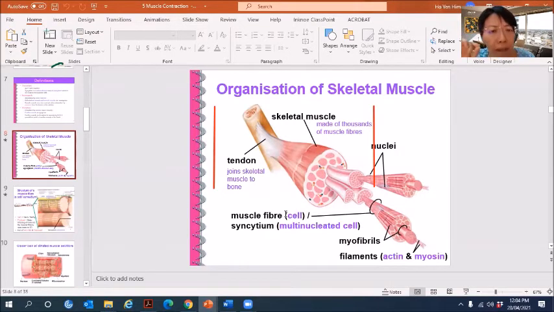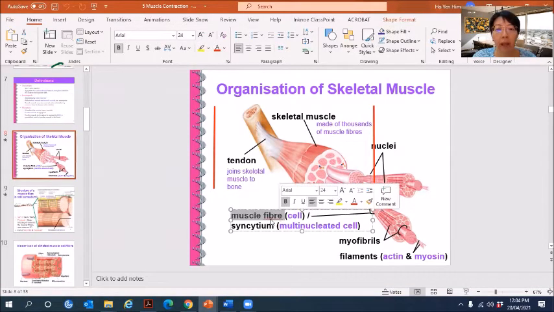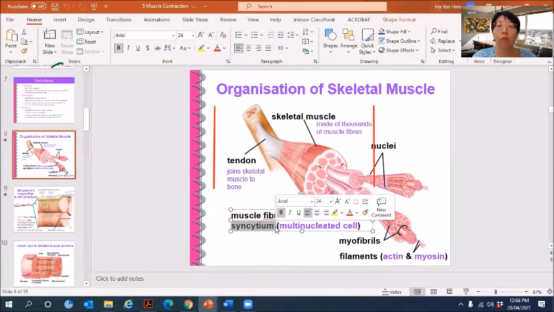So each fiber is actually a cell. The cell is called the muscle fiber, or we call it syncytium, because the cells tend to fuse together and there seem to be a lot of nuclei. Muscle is a tissue. The cell is the muscle fiber or syncytium.